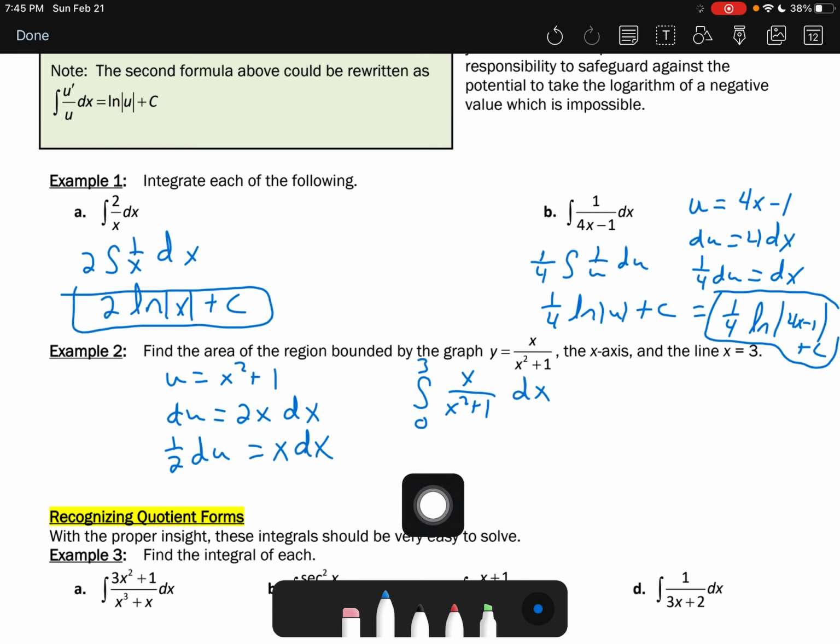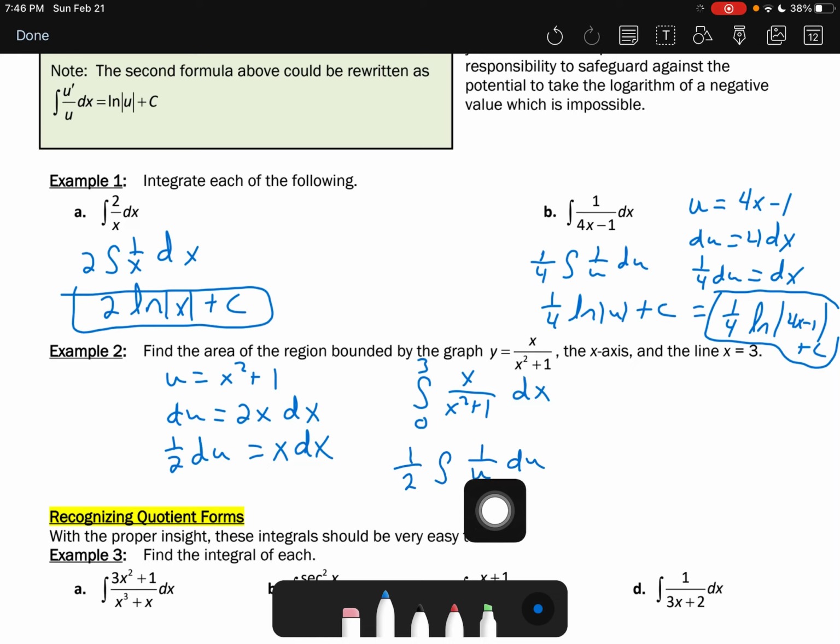And so when I substitute these values in, I should have a 1/2 on the outside. So I'll have 1/2, the antiderivative of 1 over u du, right?